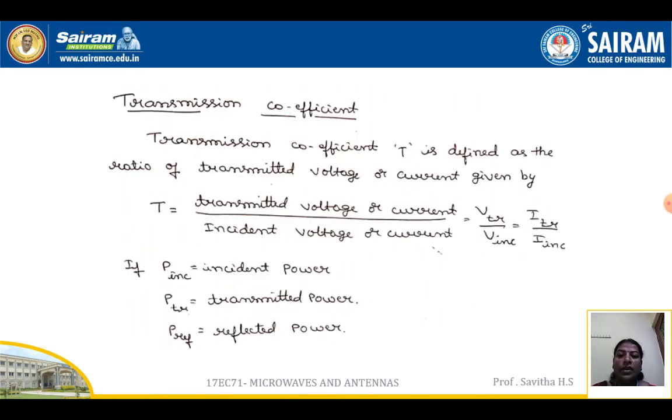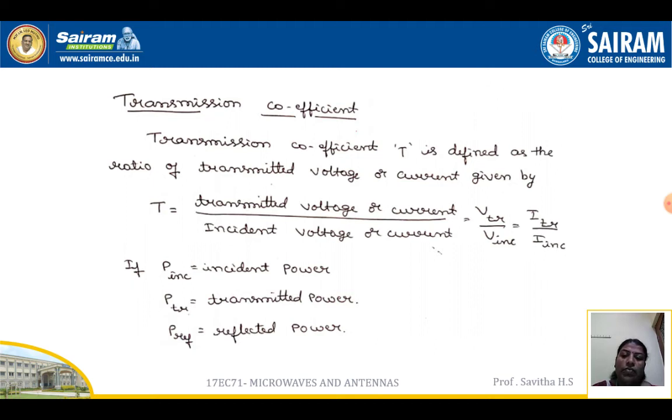So similarly we will derive transmission coefficient. Transmission coefficient T is defined as a ratio of transmitted voltage or current to the incident voltage or current. So transmitted voltage is VTR, incident voltage is V incident, and transmitted current is ITR and incident current is I incident.